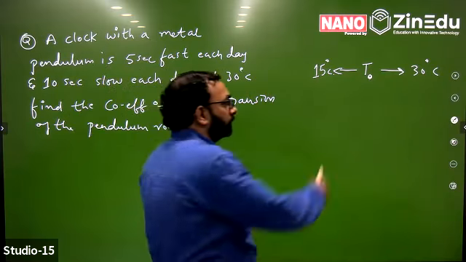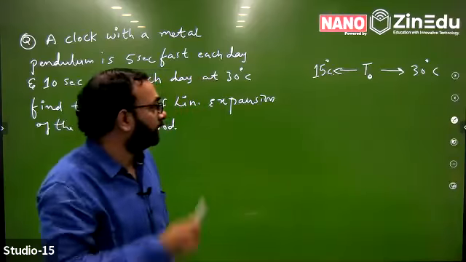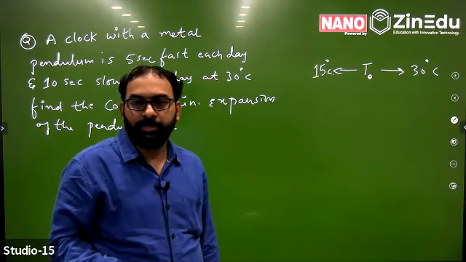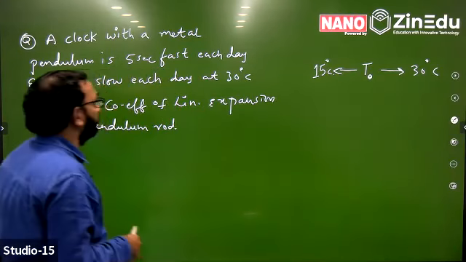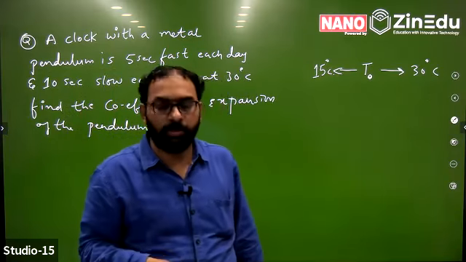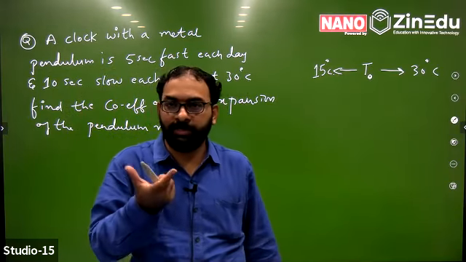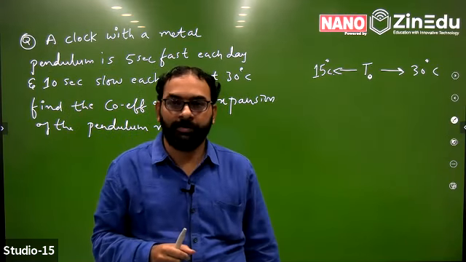So suppose from T naught the temperature reduces by 15 degrees Celsius, and it rises by 15 degrees Celsius. Two possibilities are there. There is a temperature width of 30 degrees Celsius.